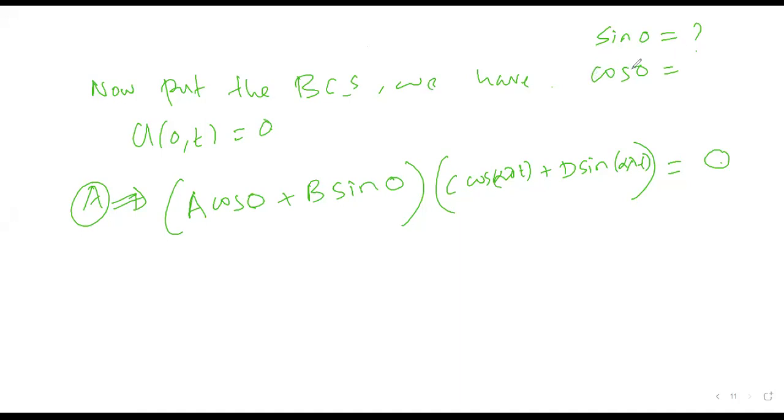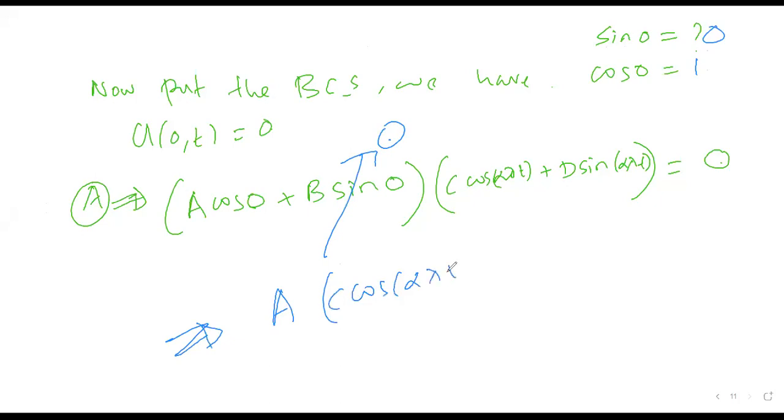Yes, good. Sine 0 will be 0 and cos 0 will be 1, isn't it? So the sine term will vanish, and the answer will be A times (c cos alpha lambda t plus d sine alpha lambda t). That's all.